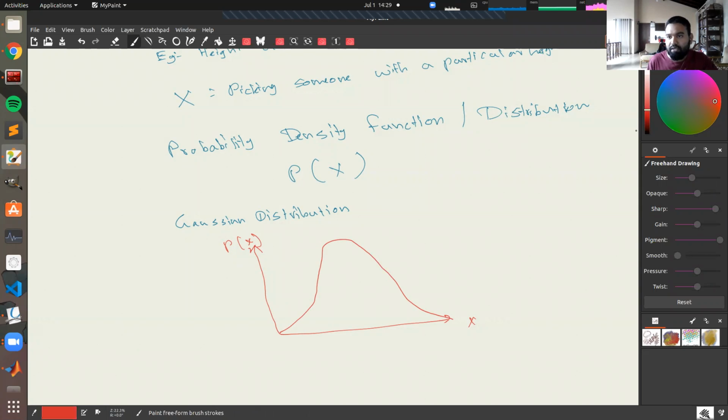So the majority of people will be, let's say the average height is, what's the average height? 1.2 meters? I don't know, I'm just guessing here. Most of the people will be somewhere in this average area, and there'll only be a few people who are really tall, like 2 meters tall, and a really few people who are, say, 75 centimeters tall.